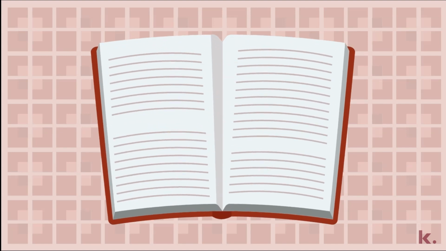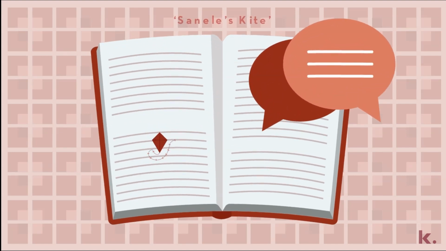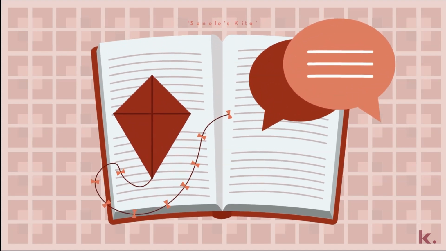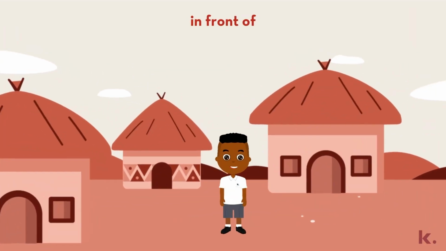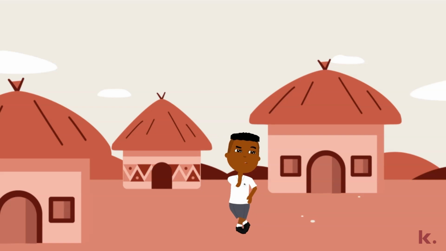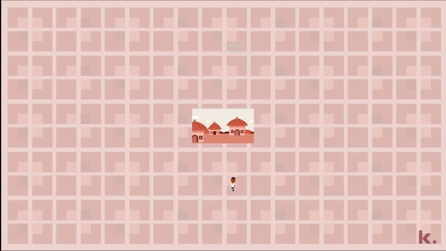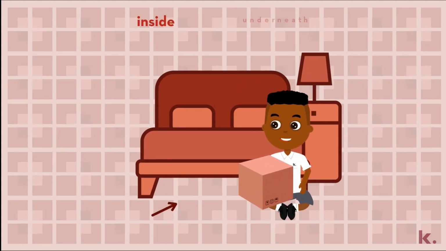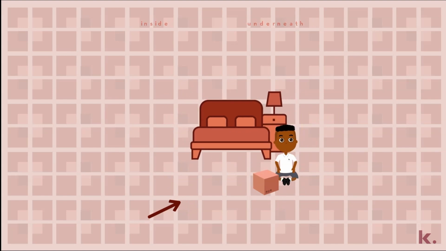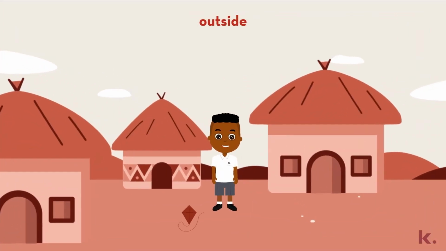Begin your introductory lesson by telling a short story called Sanele's Kite. Sanele was playing in the street in front of his house. He noticed that it was quite a windy day, perfect for flying his kite. He ran into his home and found his kite inside a box underneath his bed. He ran back outside and lay his kite on the ground.